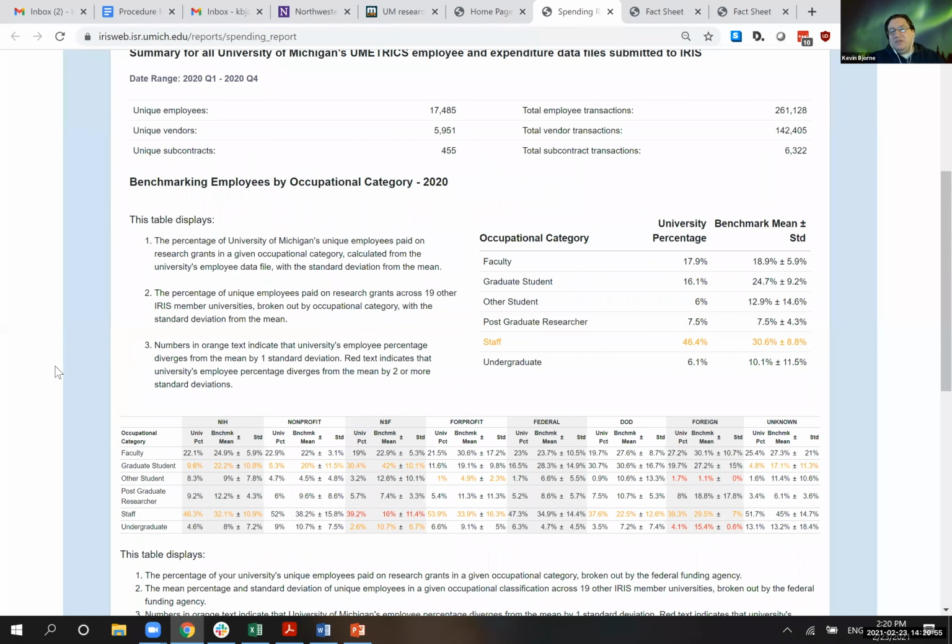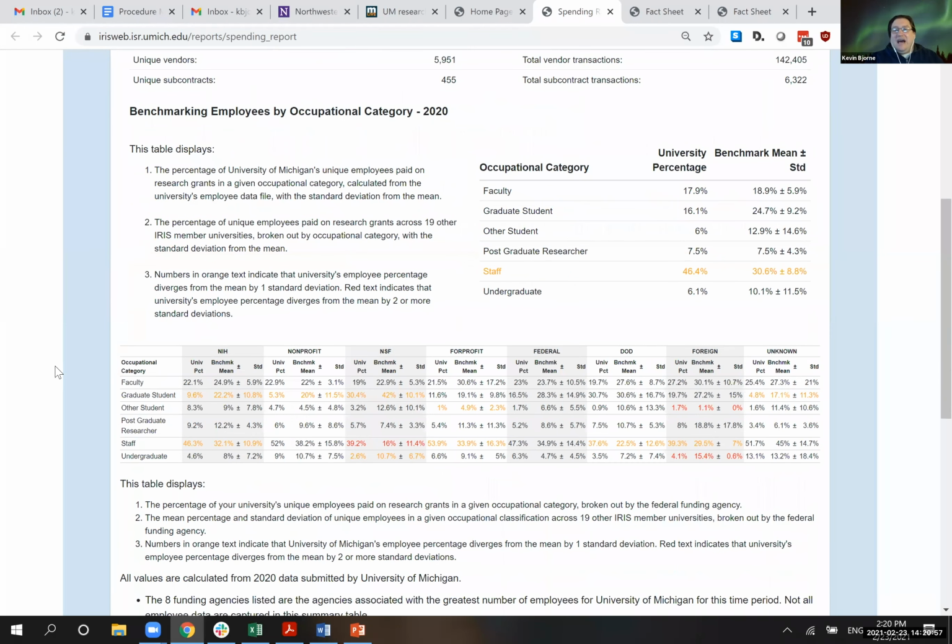But some of the things that we look at here is how does the concentration of employees at your particular university affect or compare to your peer group? So in this case, you can see the University of Michigan, 17.9% of their employees are faculty, whereas in the peer group, it's 18.9, with a 5.9 standard deviation.